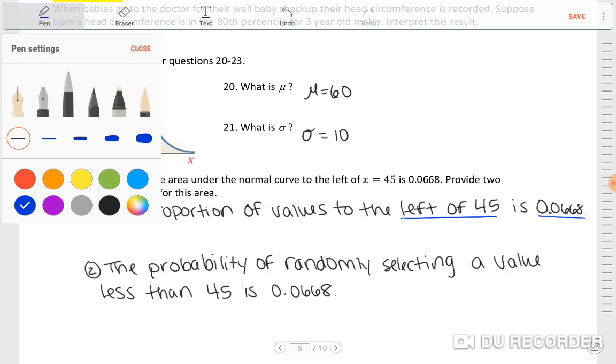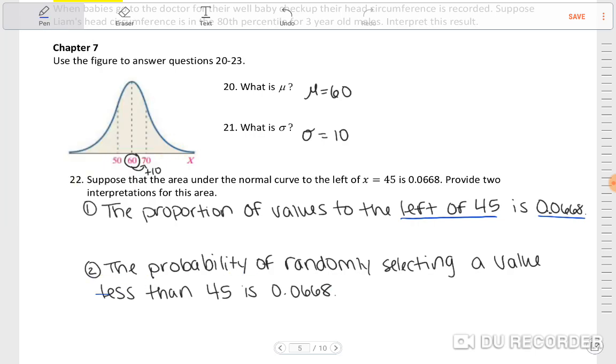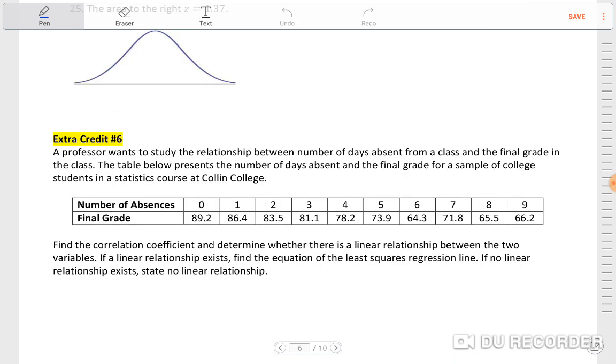Okay, so for this one, the only part that's going to change is the probability of randomly selecting a value, and then insert your problem. Okay. All right.